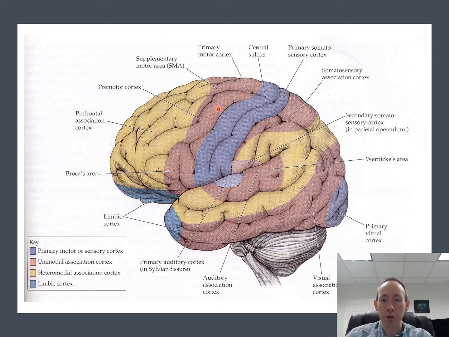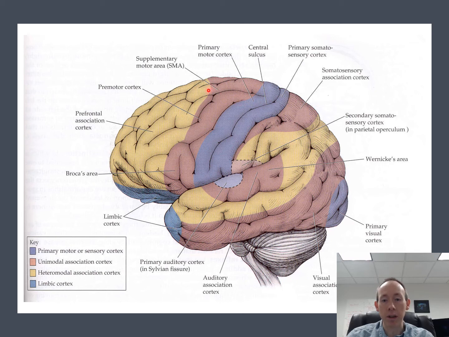And then as we spread out from those, we start to get into what we call unimodal association cortex. And these are areas of the brain that, for the most part, there are no strict rules with all of this, but for the most part, these are just doing one thing. So just behind our primary somatosensory cortex, we have this somatosensory association cortex, which means for the most part, this part of the brain is processing this sensory information.